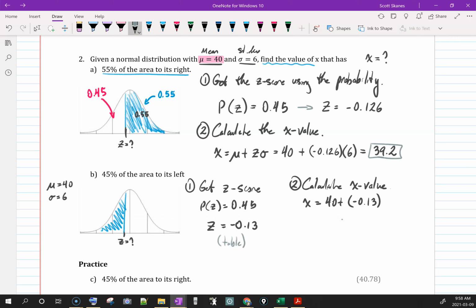You can also get negative 0.126. And then times the standard deviation, which is 6. So the x value in this case, 39.2. It's the exact same thing. The reason we get the same x value is 55% of the area to the right of a value is the exact same thing as 45% of the area to the left of a value.